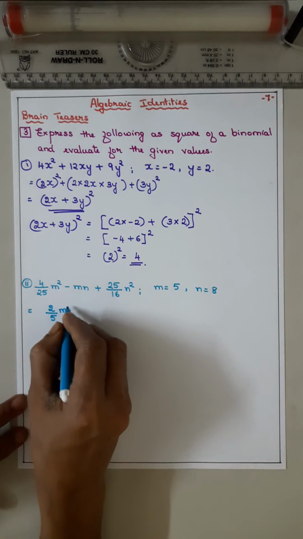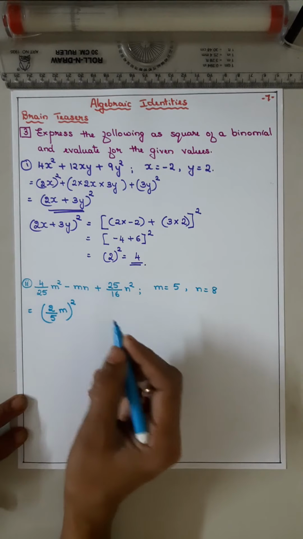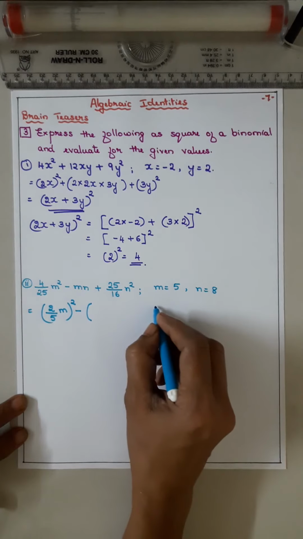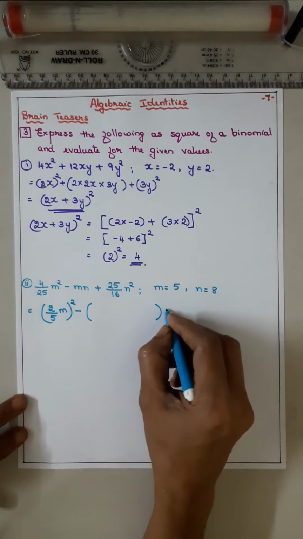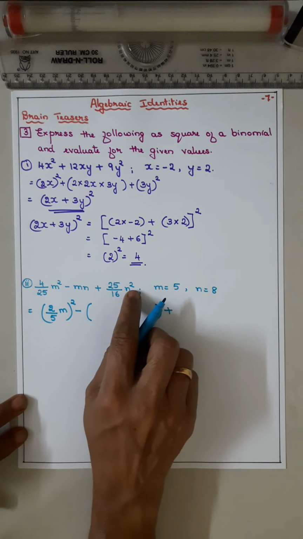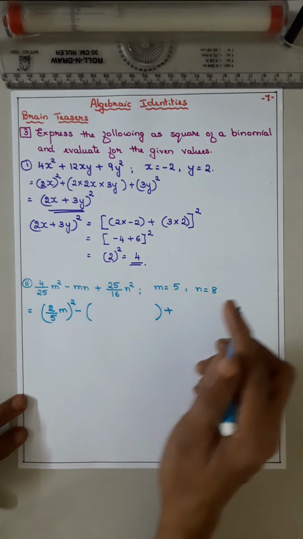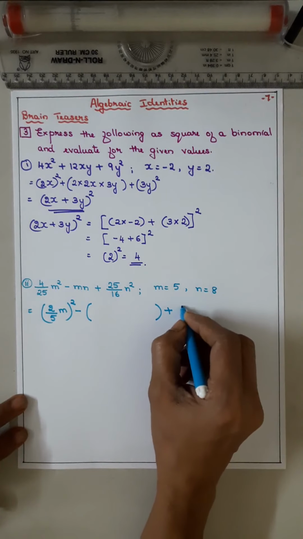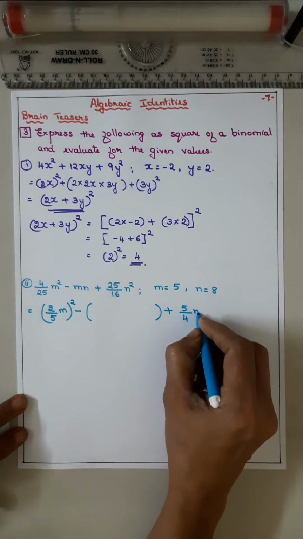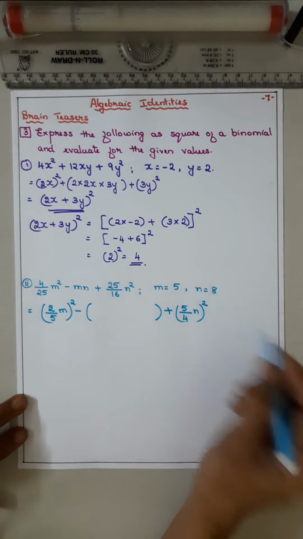And m the whole square. Now here it is minus, bracket open, keep it like this, and the last term is 25 by 16 n squared. 25 किसका है? 5 और 16 4 n the whole square.